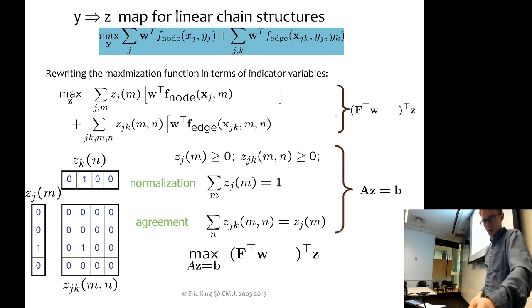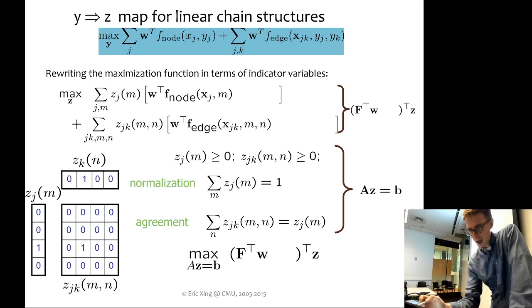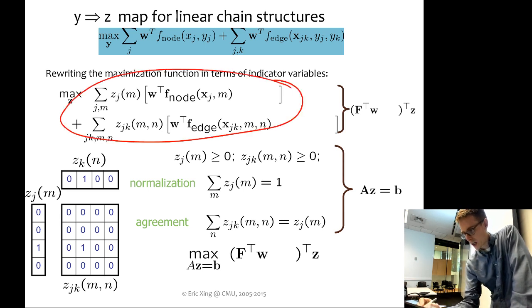If you conceptualize this, we have our objective, which you could write as F transpose W, the feature matrix times the weights.